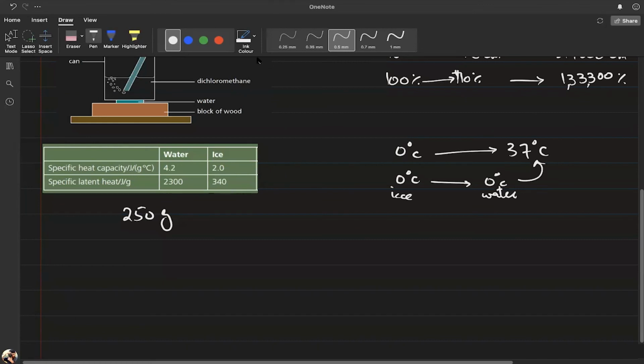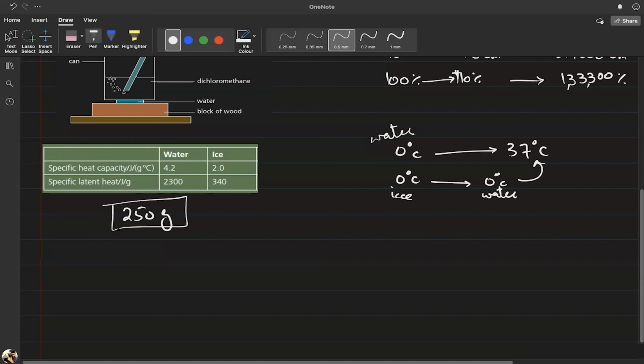So you will first have to convert it to water at 0 degrees Celsius, and then heat that to 37 degrees Celsius. So two routes. Either you drink that water and bring it to 37 degrees Celsius so your body can use it, or you take that ice, first melt it to water, your body will do that for you, and then bring that to 37 degrees Celsius. So let's try to calculate how much energy that would take.